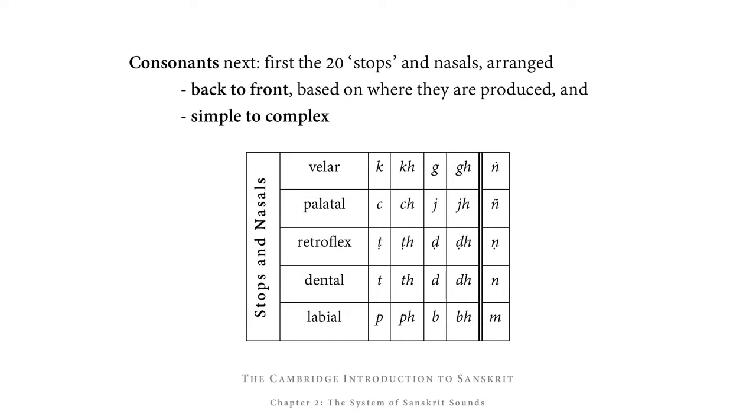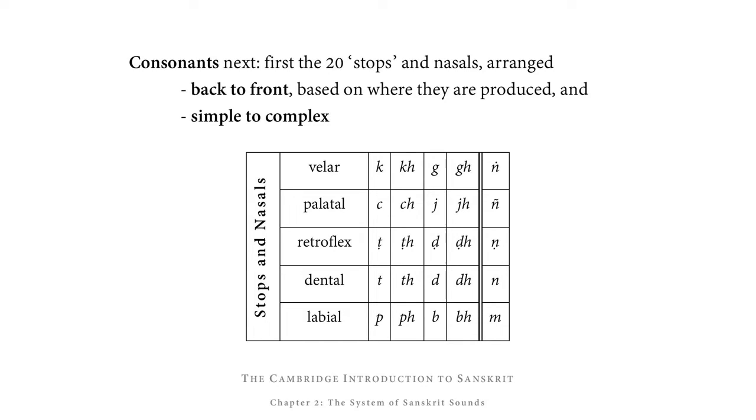So the first five in this list are k, kh, g, gh, and ng. They are pronounced all the way at the back of your mouth. They're called velar because they're pronounced close to your velum, which is at the back top of your mouth. We think of them as ordered from simple to complex because k is a sound that is unvoiced and unaspirated.